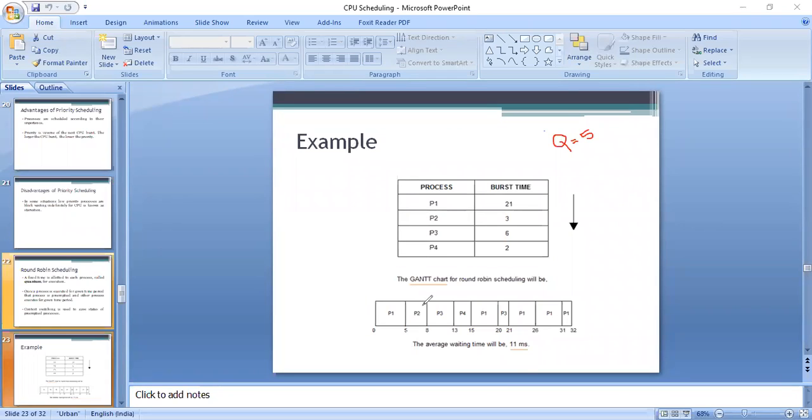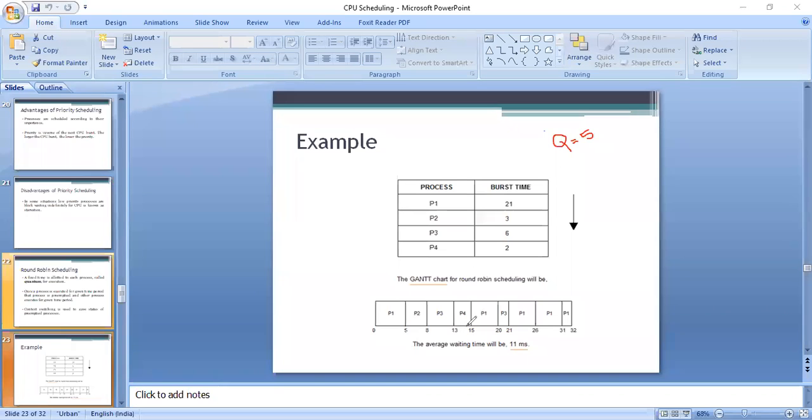So after 3 seconds, it will release the CPU and then it will reallocate it to P3. P3 will get the CPU for 5 seconds only because the quantum time is 5.